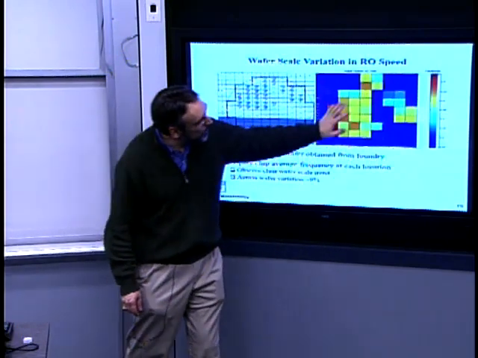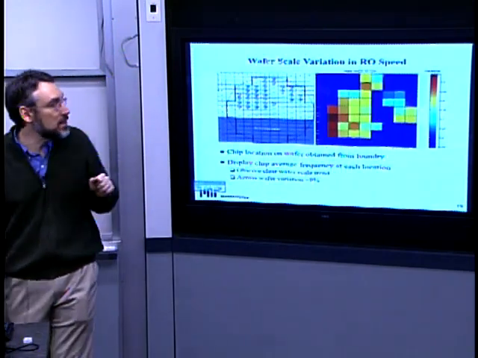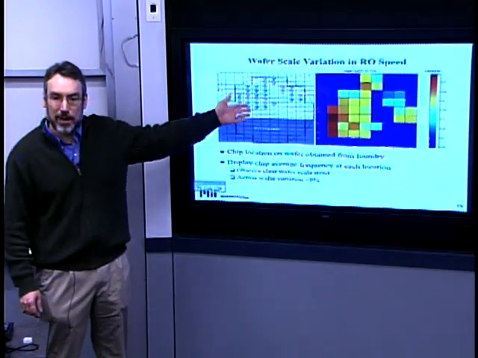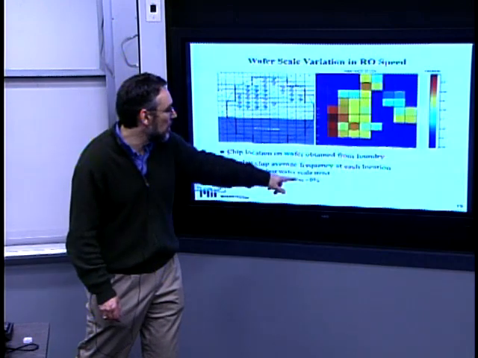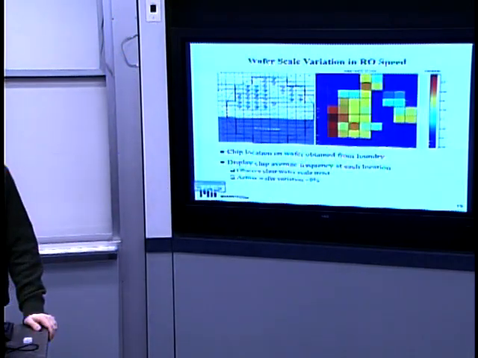And you can sort of see a spatial trend from one side of the wafer to the other. This is telling us there is a wafer level non-uniformity, and in fact that across wafer variation is about 9% in speed of these devices.